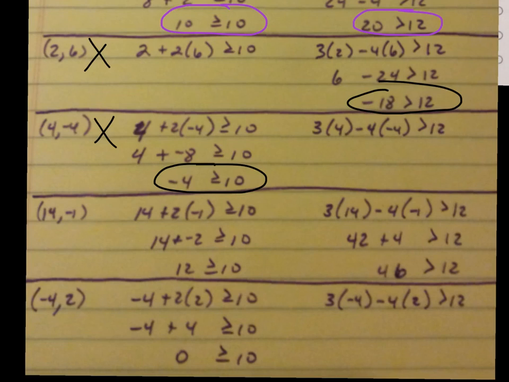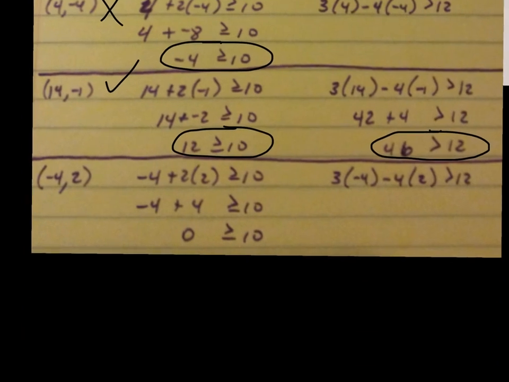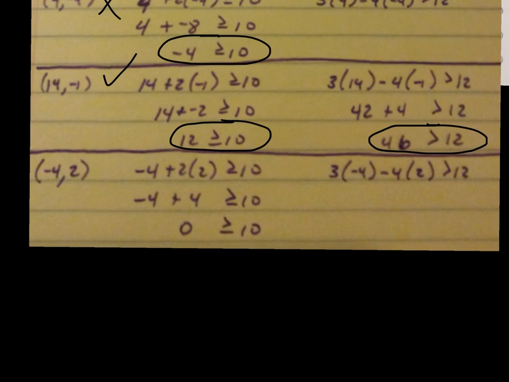Remember, it has to satisfy both inequalities. 14, negative 1, 12 is greater than or equal to 10, and 46 is greater than 12, so 14, negative 1 is a solution. And then finally, the last one, negative 4 and 2. Well, as you can see, this did not satisfy the inequality, so therefore it is not a solution.